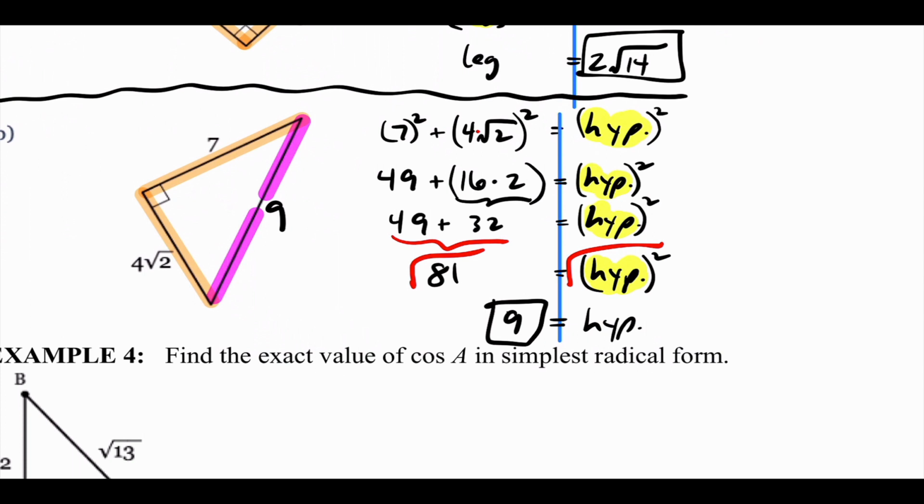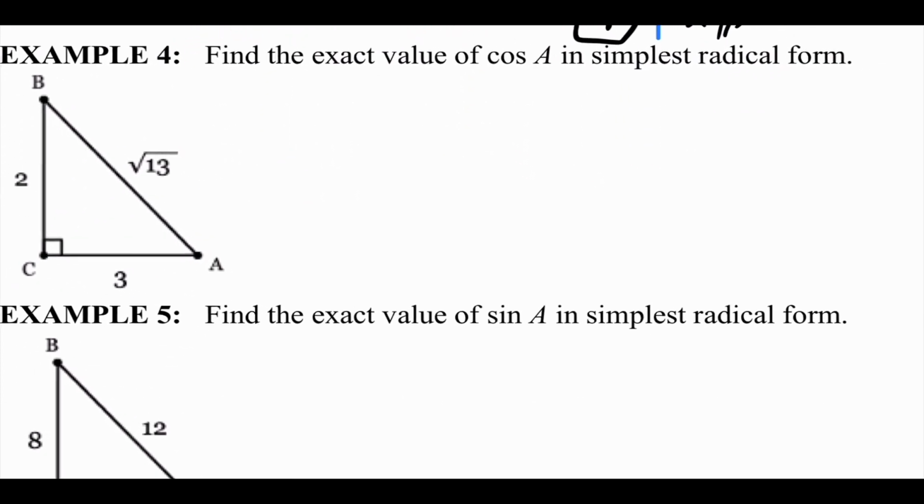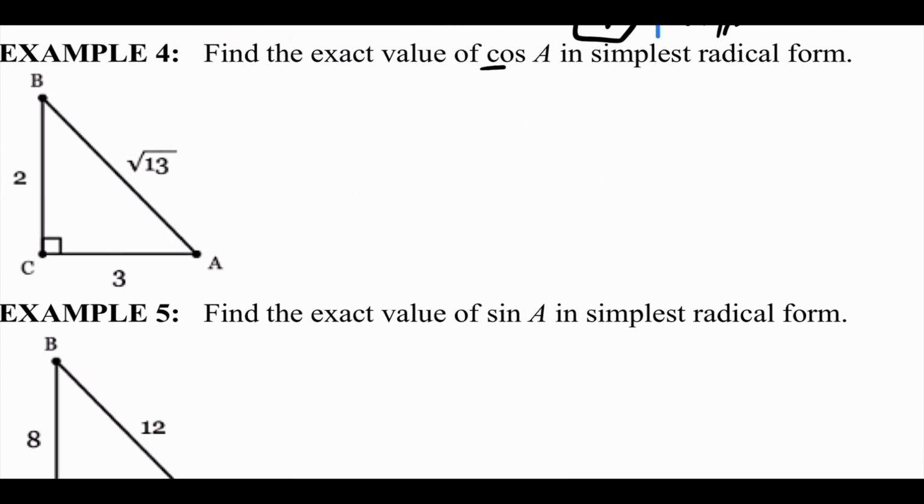Okay, so now we're going to do the same thing we did on the front. The only difference is they're giving us numbers. Okay, so 4. Cosine of A. We have to use this triangle to figure out what cosine of A is. From the front, I know that cosine is adjacent over hypotenuse.